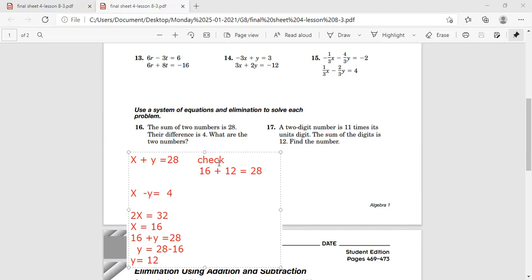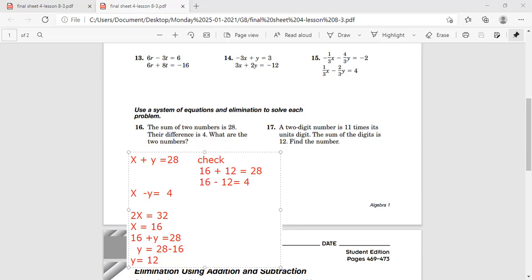So we are correct. Second, we want to check in the second one, because if it's a solution of the equations, it should satisfy both equations. So we have 16 minus 12 equals how many? Equals 4.